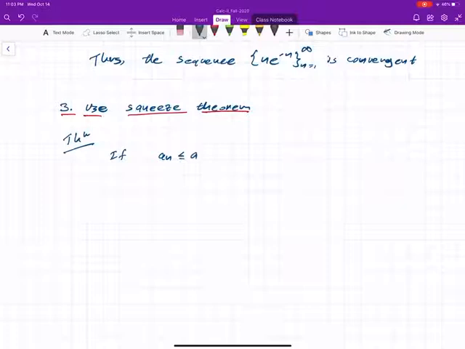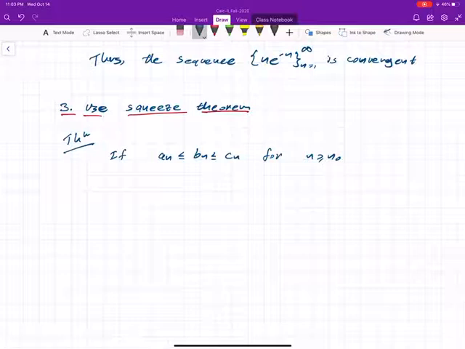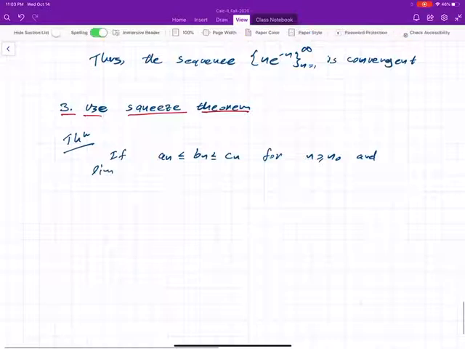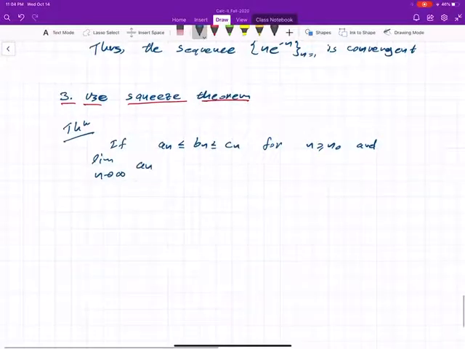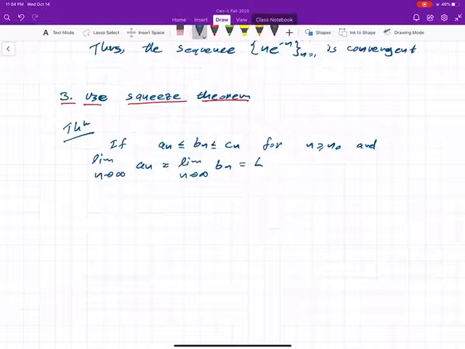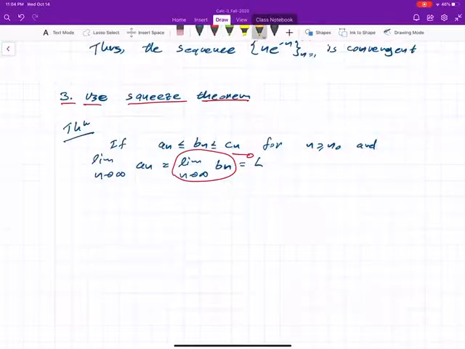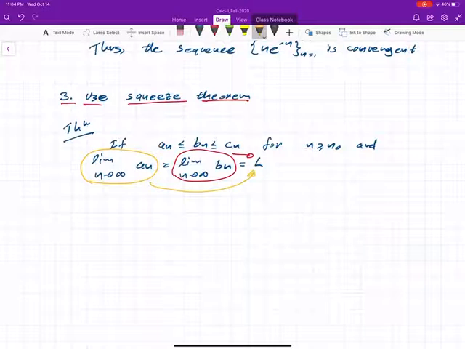The Squeeze Theorem: if a_n is greater than or equal to b_n, which is greater than or equal to c_n, for n greater than or equal to n naught, and the limit as n goes to infinity of a_n equals the limit as n goes to infinity of c_n equals L. That means the limit of this one is L and the limit of that one is also L. The limits are equal.